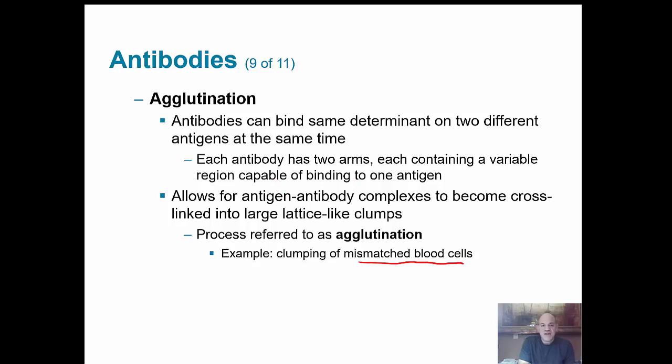And so this allows for antigen-antibody complexes to become cross-linked and form a large lattice of clumps. Again, we've seen this when they test for blood types and treat them with specific antibodies. We can get clumping or agglutination.